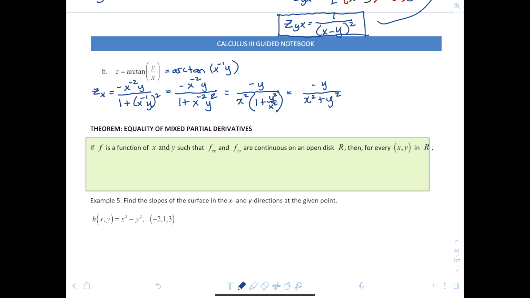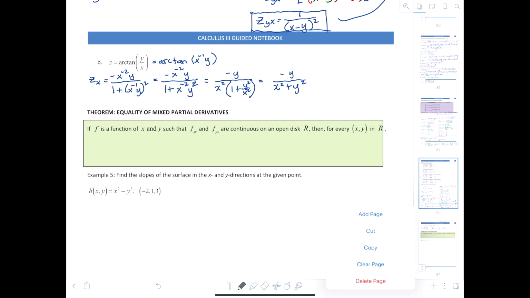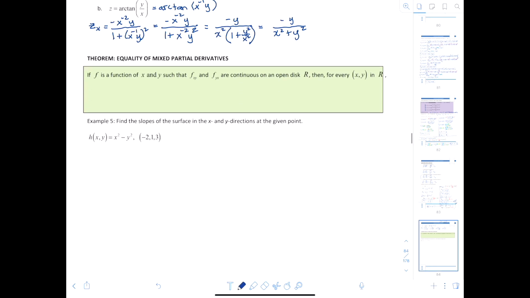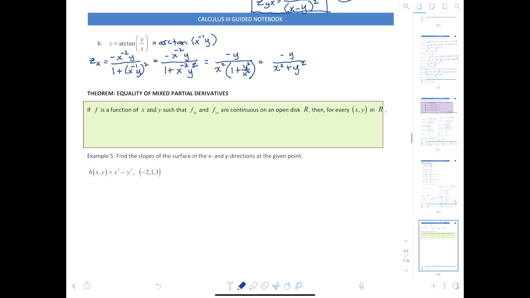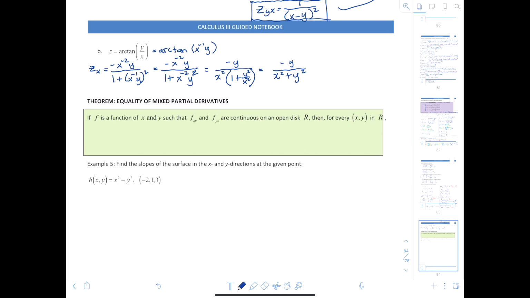So, geez, these will be kind of a pain. Let's go ahead, we'll have to add a page. Let's copy what we have here.